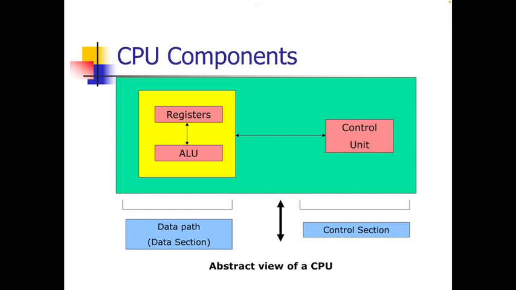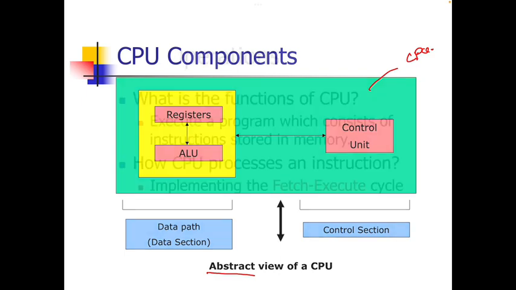The control unit also will control the transactions between the CPU, this green color is the CPU, and the other interface and other signals. So this is just our abstract view of the CPU. Beyond the CPU we have the data path section, control section, and so on.